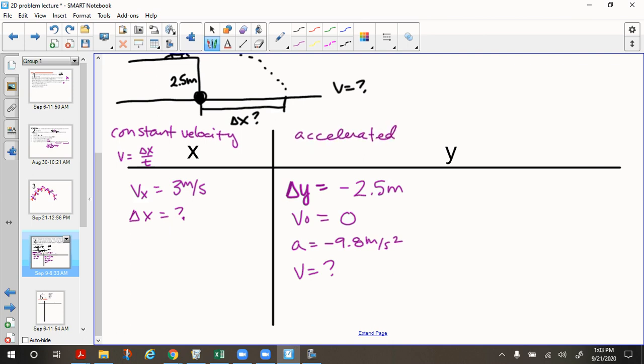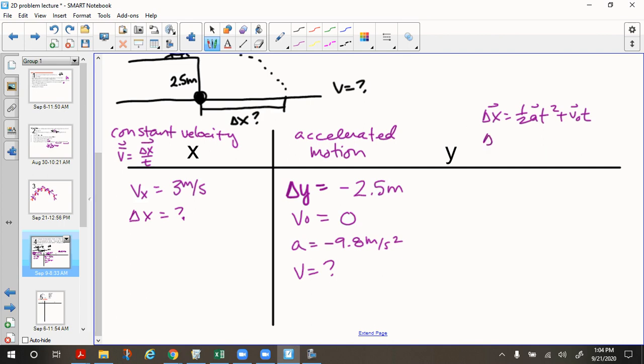So you're going to use the 4 equations that we learned in chapter 2. So those are delta x equals 1/2 at squared plus v initial times t. And I didn't put all these vector symbols on here. This is average velocity or constant velocity.